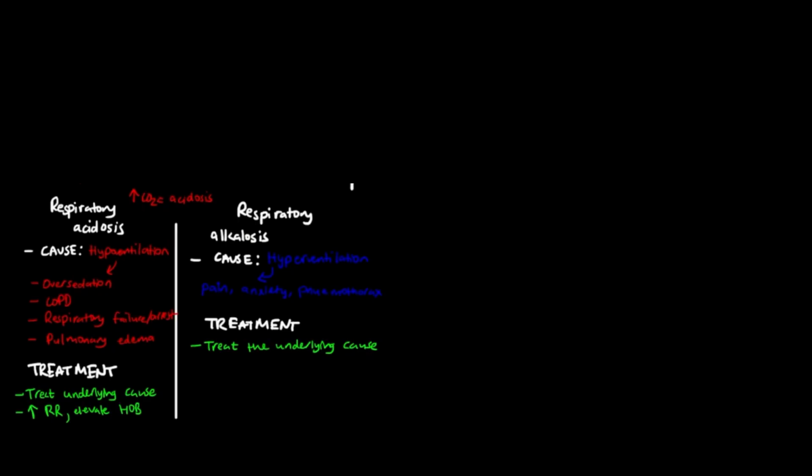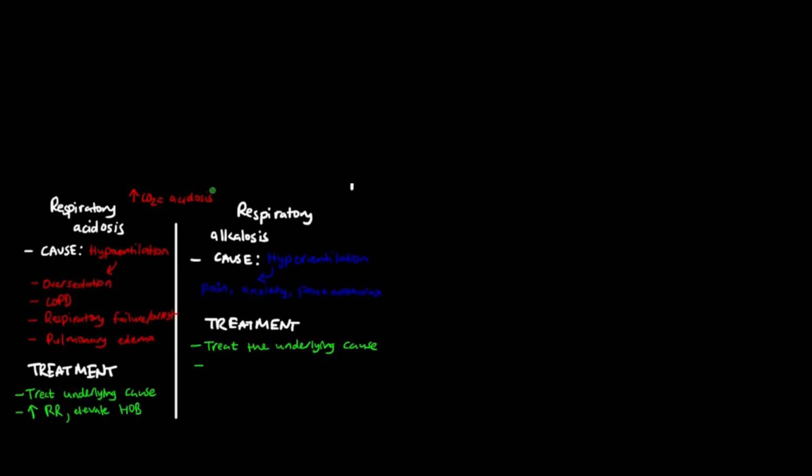So let's say someone is hyperventilating to the point that it's put them in a state of respiratory alkalosis. And we know that this hyperventilation is due to pain. So by treating the underlying cause of pain, giving them pain medicine, that's going to help bring down their respirations to normal. By bringing their respirations back to normal, this is going to help stabilize them and take them out of respiratory alkalosis.